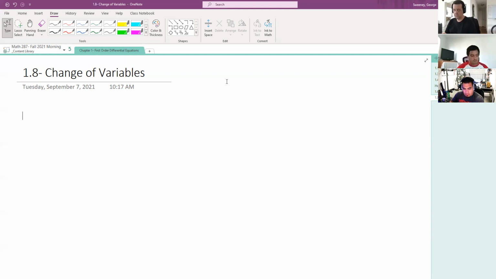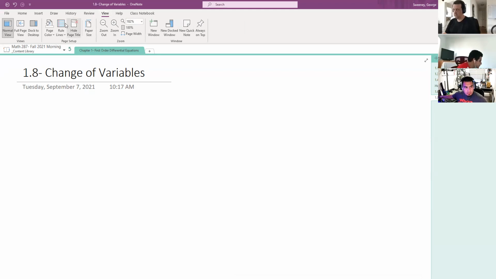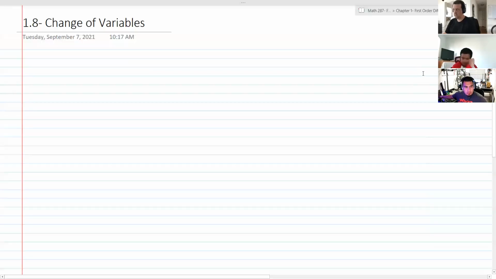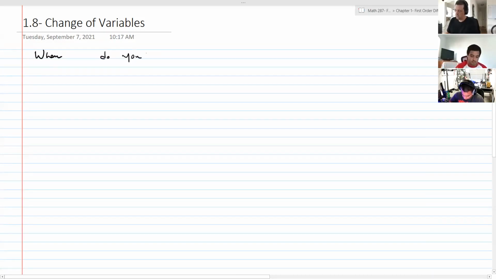So what we're going to be looking at now is a set of equations, and we've got this whole idea of being homogeneous of degree 0. One of the themes that we've got here, at least with our particular book and doing differential equations, is when do I know when to use certain methods? When do I know when to use what we call our change of variables?